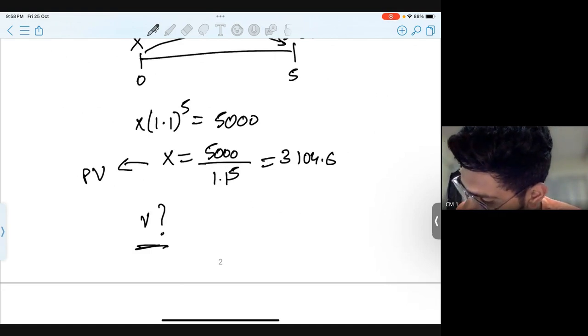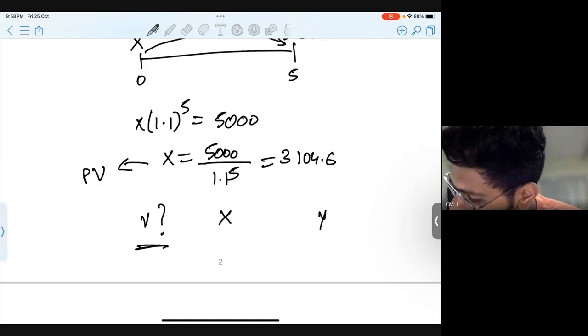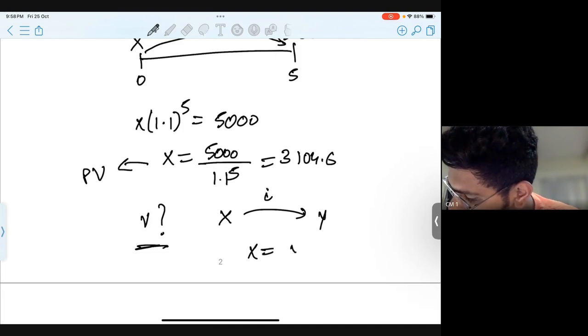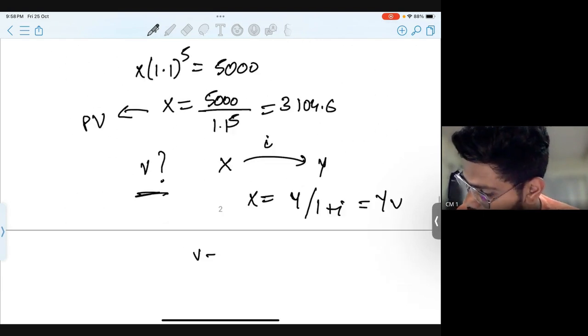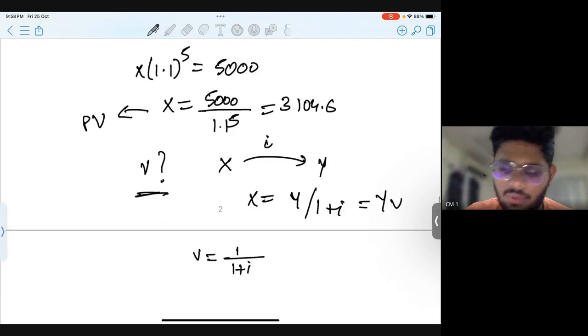If I have X today and Y 1 year from now, and the interest rate is I, my X is equal to Y upon 1 plus I, or X is equal to YV. So essentially V is equal to 1 upon 1 plus I. This will be seen in certain cash flow part of the paper. In the contingent cash flow part of the paper, this will be everywhere.